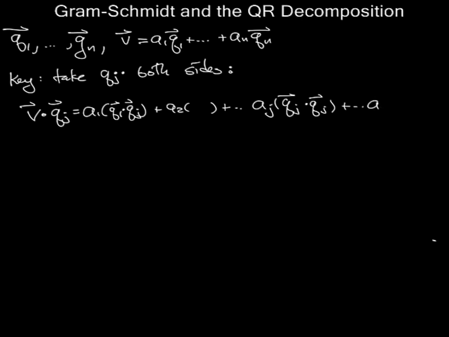And now the key thing is that this qi dot qj is 0 if i is not equal to j, because these vectors are orthonormal. And there's only one non-zero term, the one where you have j for both entries, and that number is equal to 1.